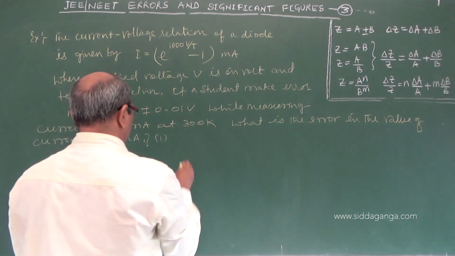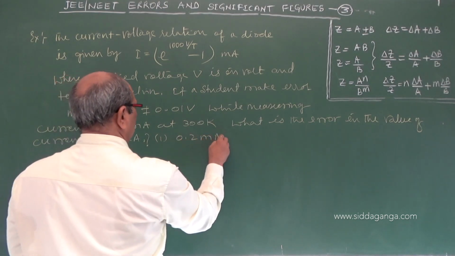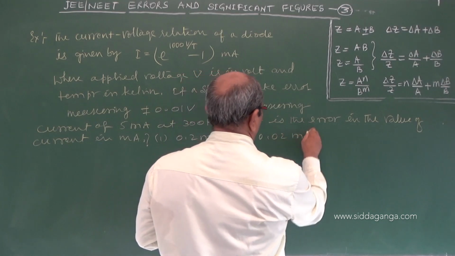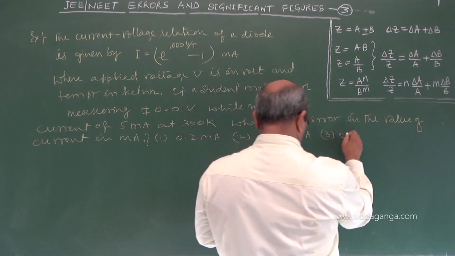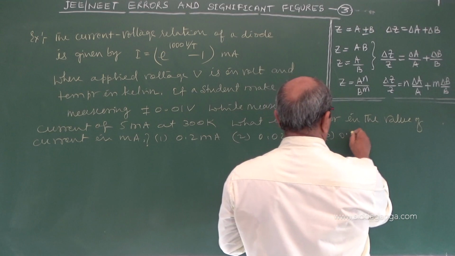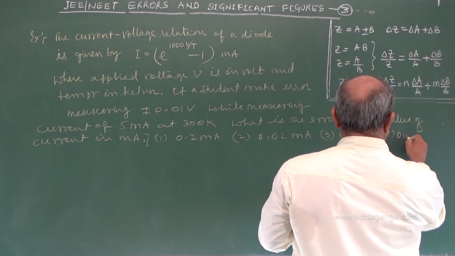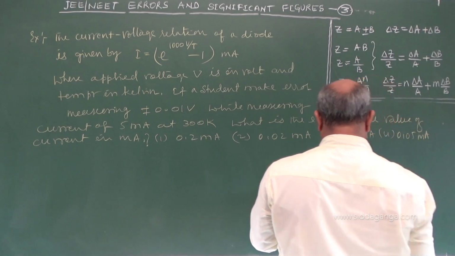Answers are 0.2 milliamps, 0.02 milliamps, 0.5 milliamps, 0.05 milliamps.